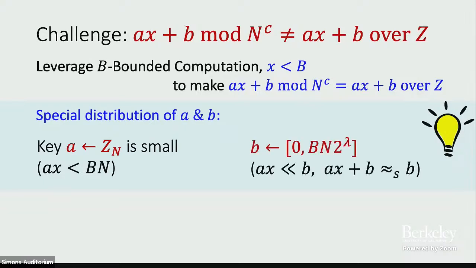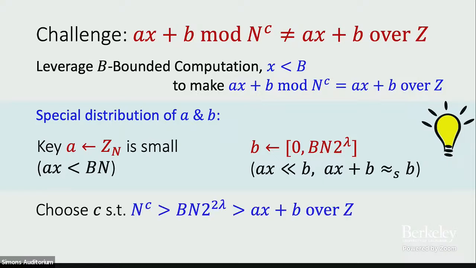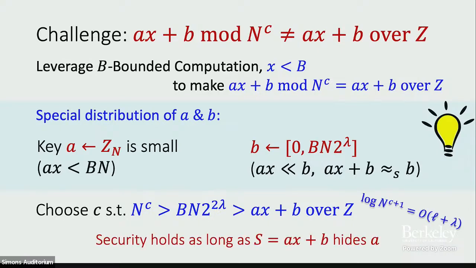And we just make sure that b is going to be significantly larger than a times x, so that the short label indeed hides the key a. And everything needs to be smaller than N^c, so that given this, I can recover the value over the integers. And security holds because, as I argued before, ax plus b, which is the short label, hides the key a.